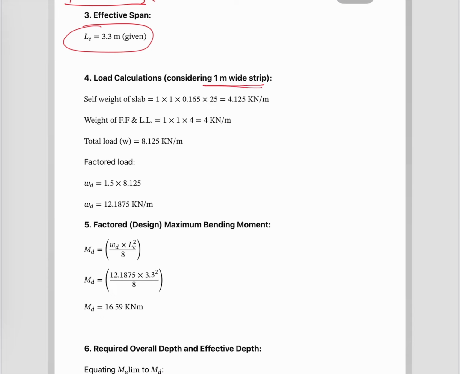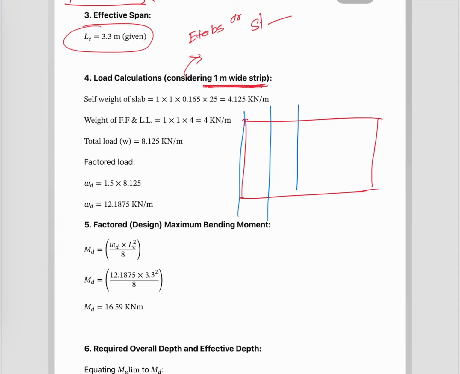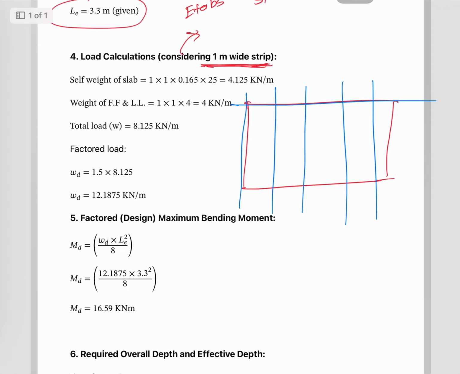So if you design the slab in ETABS software or in STAAD software or whichever software, you need to create the strips to design the slab. So we are considering 1 meter wide strips across the slab. It means this is a slab and you are considering one strip here, one strip here, one strip here, like this, in this direction.